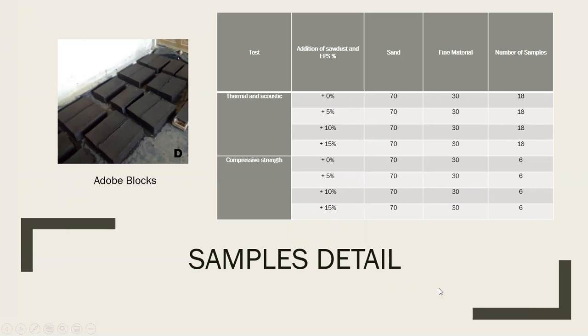For the compressive strength tests, a total of 24 samples were used with the same percentages, 0, 5, 10, and 15. 6 samples for each percentage.